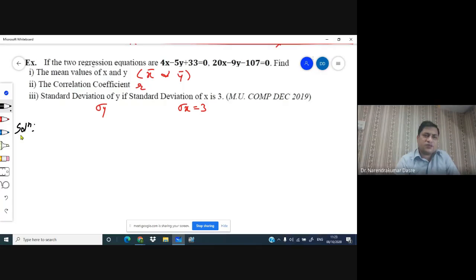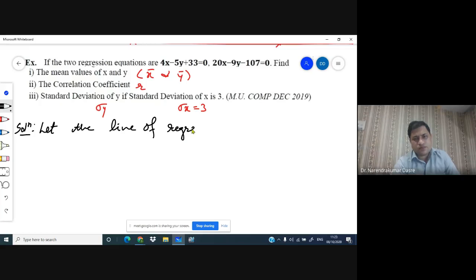So what we have is, as I said, one of this is line of regression of y on x and other is line of regression of x on y. So first what we have to do is let the line of regression of y on x be.